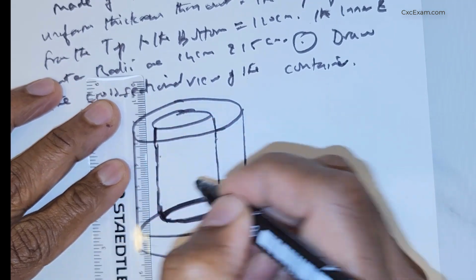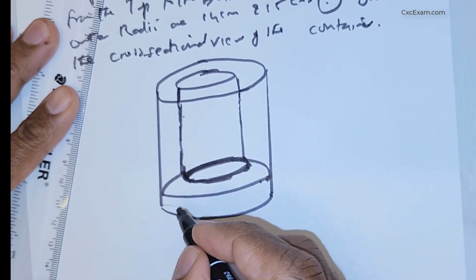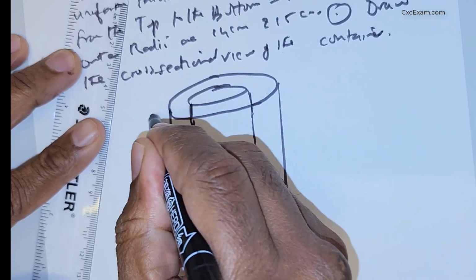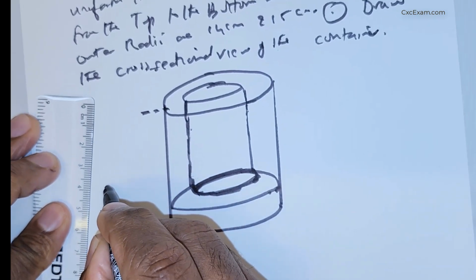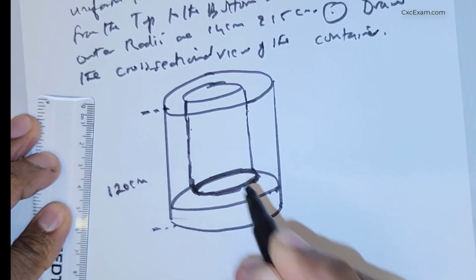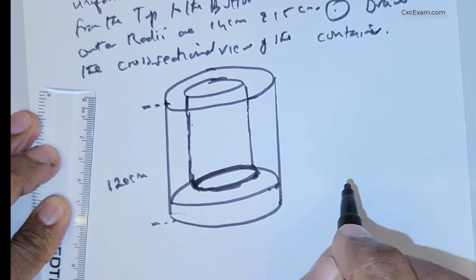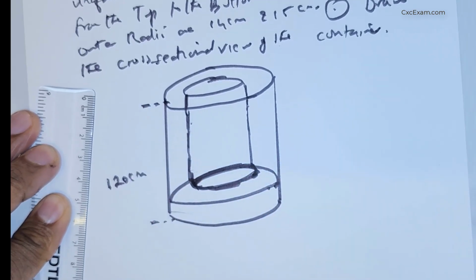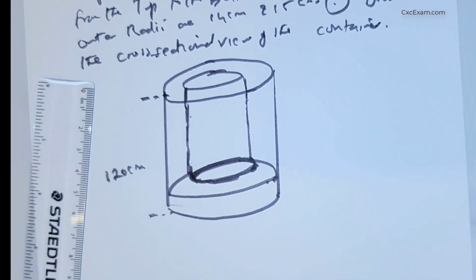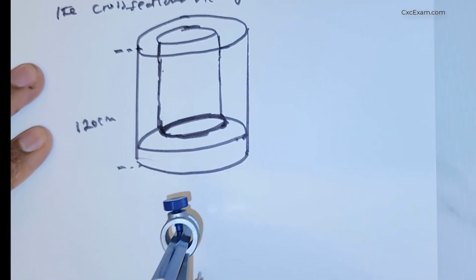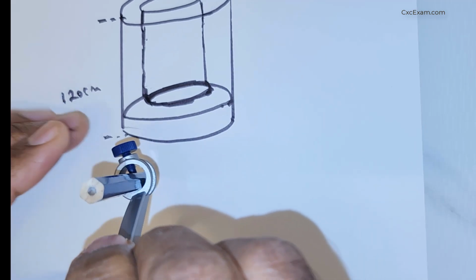Now this distance from the top to the bottom is given as 120 cm. With this being given, we are asked to draw the cross-sectional view of the container. So I'm going to use this instrument.